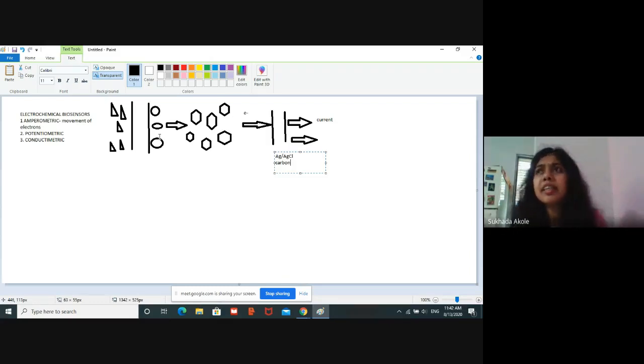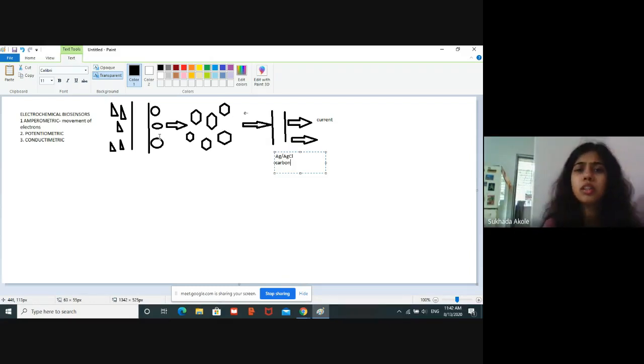The glucose oxidase will oxidize glucose, releasing an electron, right? This electron will then go and bind to your electrodes, thereby changing their electronic configuration and forming a current which can then be measured.